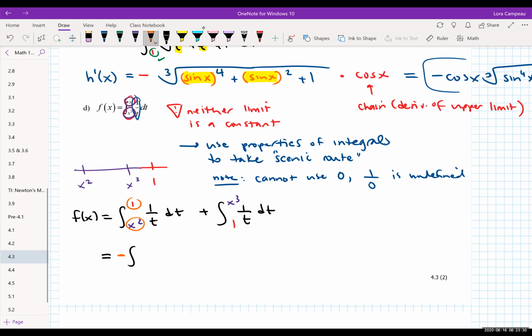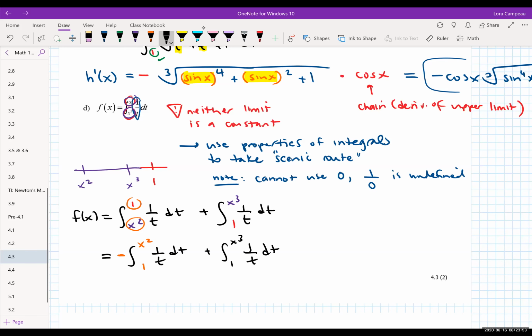So x squared is on top, 1 is on the bottom now, but remember I pulled out a negative sign to change the sign of it. I still have 1 over t dt. And I'm good to go on the second integral because it's already got a constant. Feeling pretty good about that.